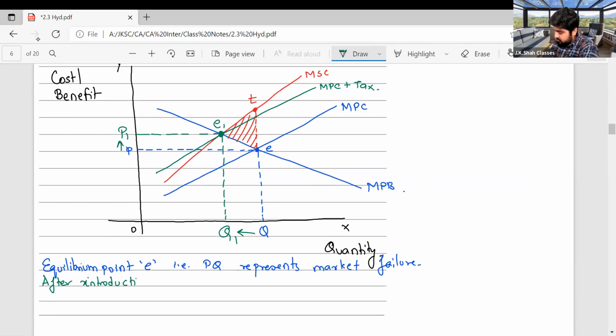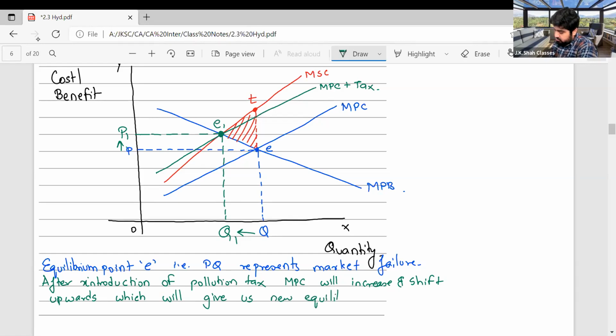After introduction of pollution tax, MPC will increase and shift upwards, which will give us new equilibrium E1 and price P1, comma quantity Q1.